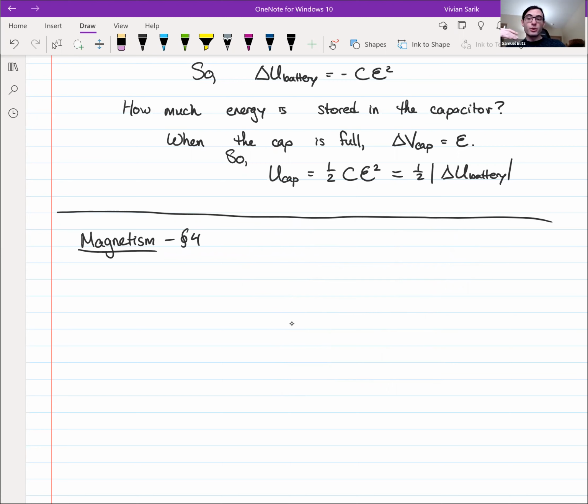So the end result from all of this experimentation is that the only way that you could get this force is if there's moving charges. So if you have one set of moving charges called current and another set of moving charges, the motion of those charges is what causes there to be a force between those charges.